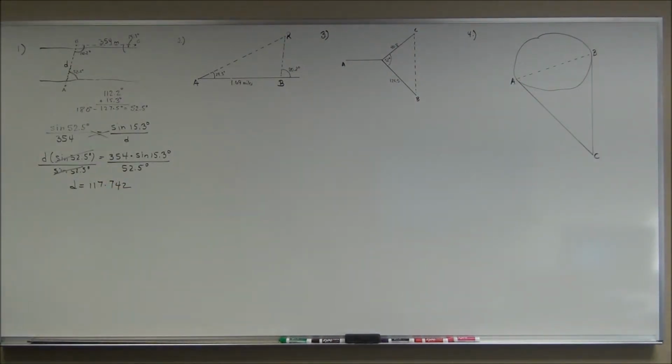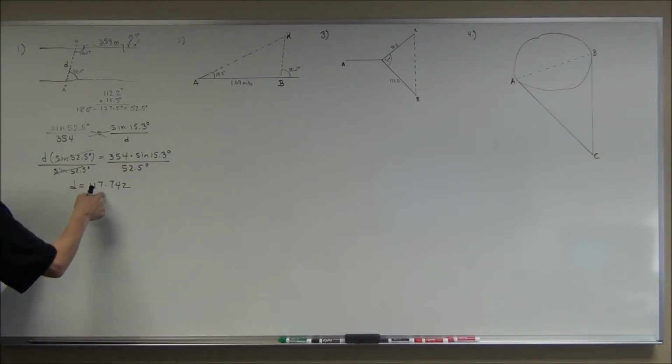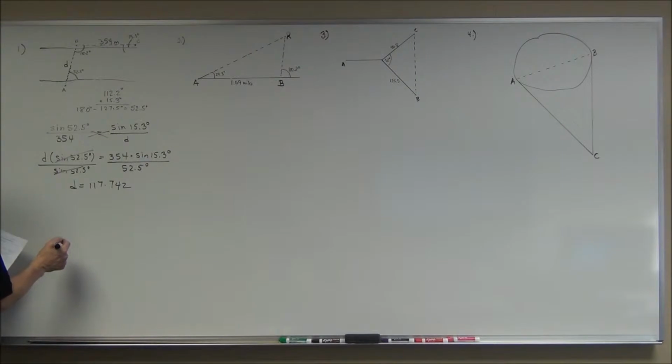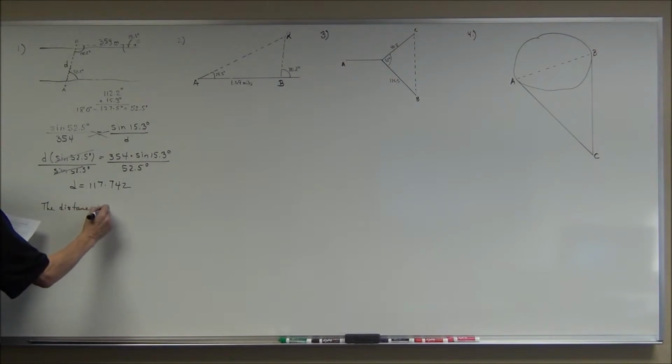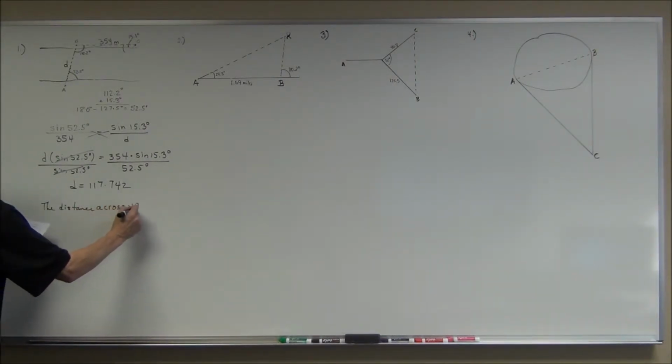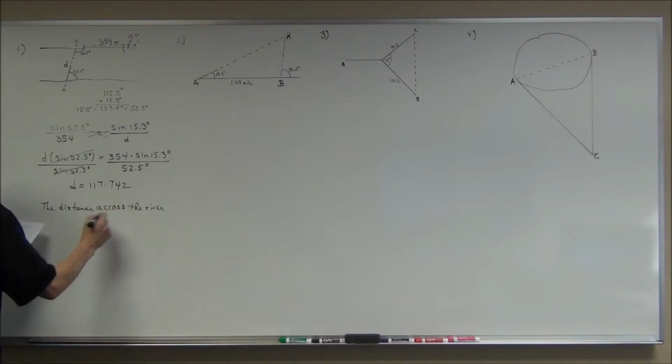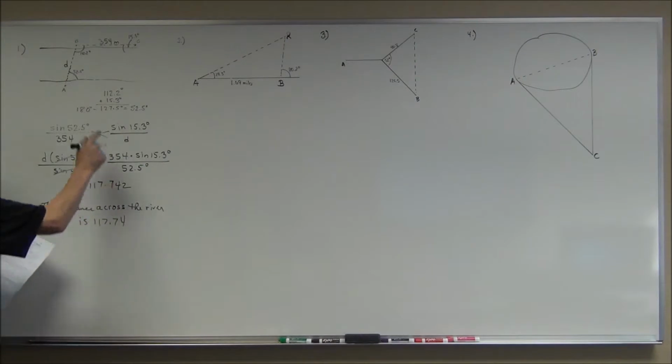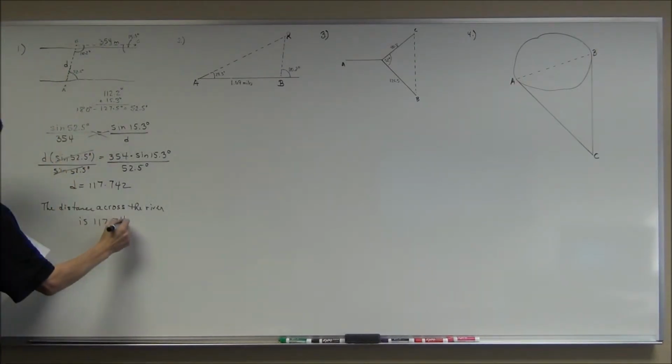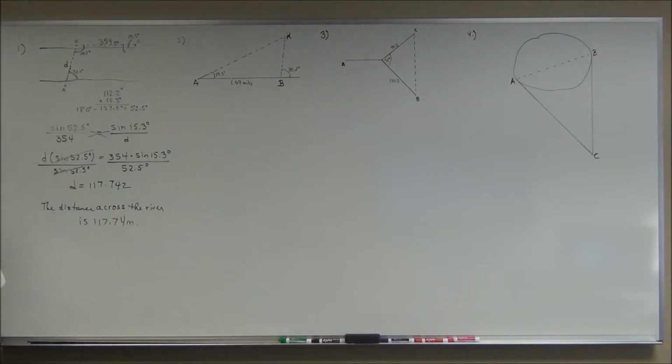Now it looked like on most of his answers he's rounded to two decimal places. He didn't indicate what it was. So I'm going to round to two decimal places, and I'm going to say that the distance across the river is 117.74, don't forget your units here, meters. And put your answer down.